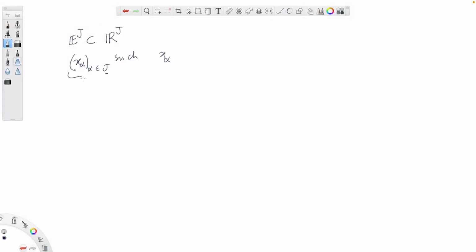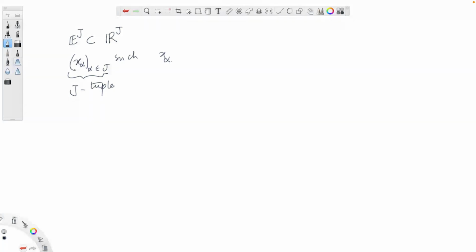It's a J tuple, and X alpha is one component of this J tuple corresponding to the index alpha.